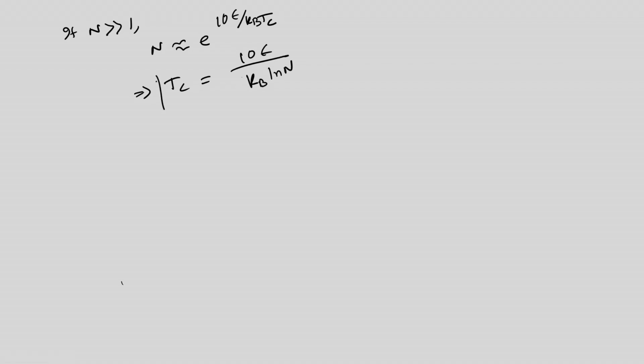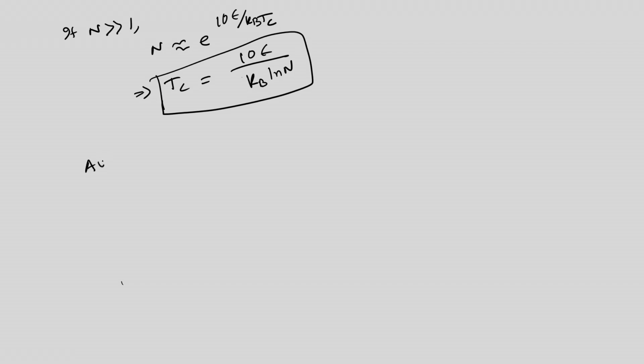If N is very large, then N equals e to the 10 epsilon by kBT, and T here is Tc. So, Tc is 10 epsilon by kB ln N. So, this is the threshold temperature or critical temperature.